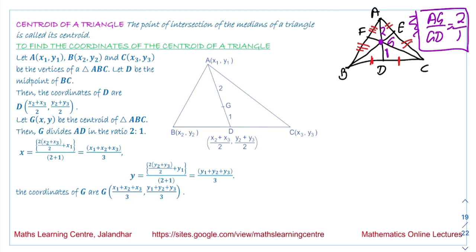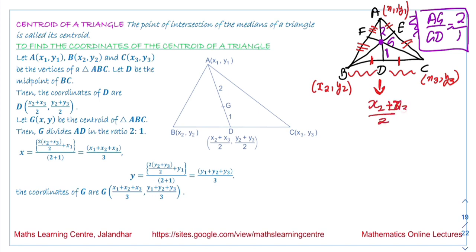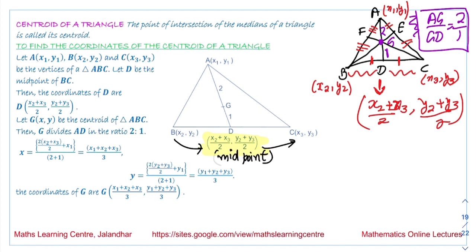First, we are going to calculate the coordinates of this point D. If the coordinates of the point B are x2, y2, and coordinates of the point C are x3, y3, and coordinates of A are x1, y1, then the coordinates of D, the midpoint, are (x2 plus x3 by 2, y2 plus y3 by 2). These come from the midpoint formula.